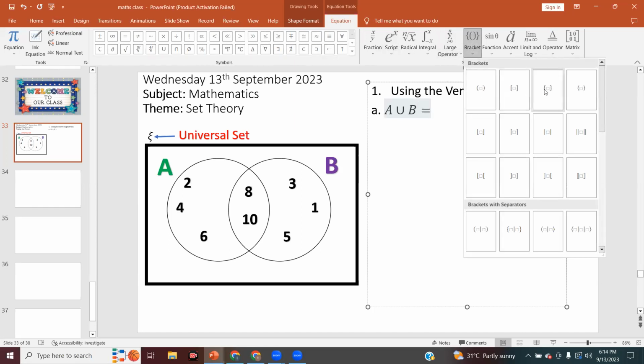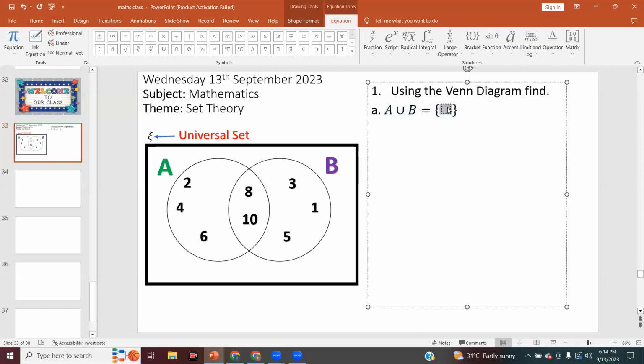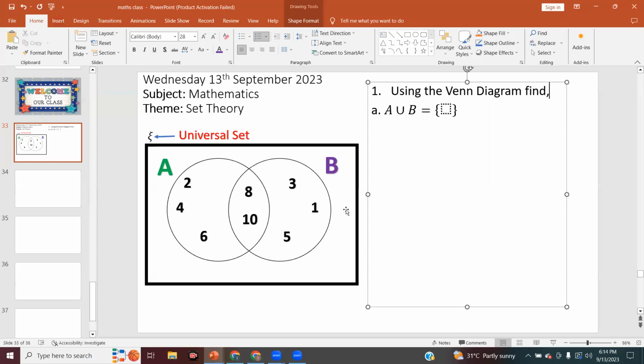Let's do that. Using the Venn diagram, I want you to tell me what are the elements that are in A union B. Anyone have an answer? We have A union B. What are the elements that are in A union B?